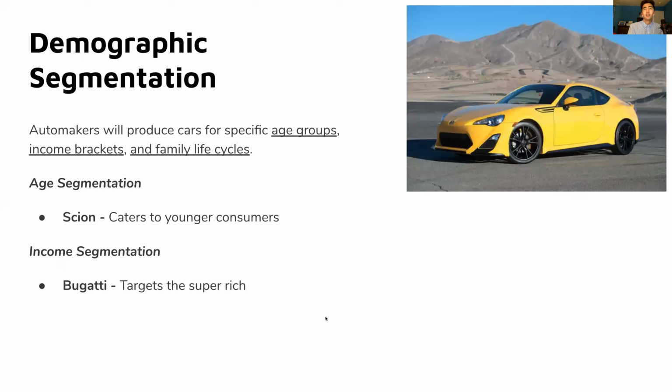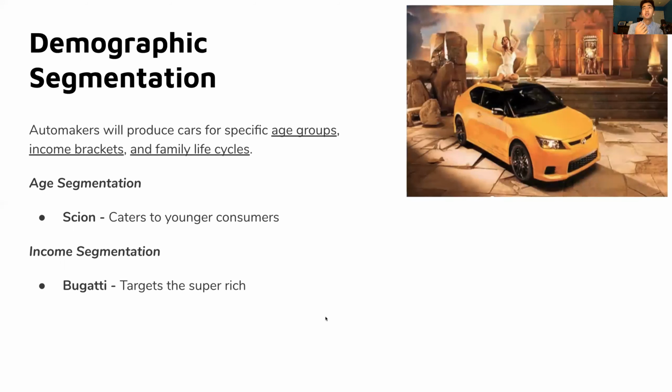And then here is the Scion FRS. You can see the sporty influence on it and how it would appeal to a younger audience. And then here's the Scion TC. And this image you see with the goddess was an attempt at a viral marketing advertisement. Coupled with this, they also tried to create online stores for shopping to target millennials.